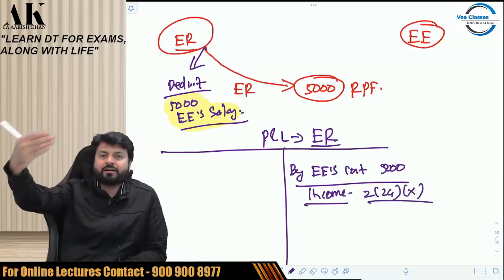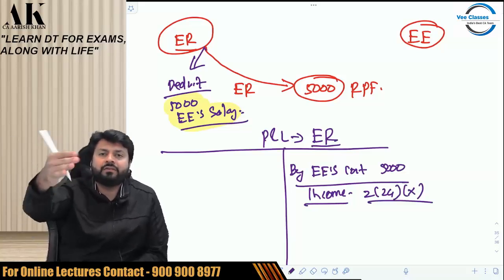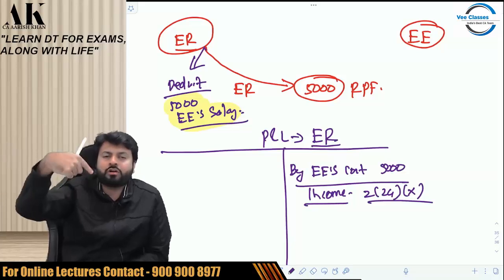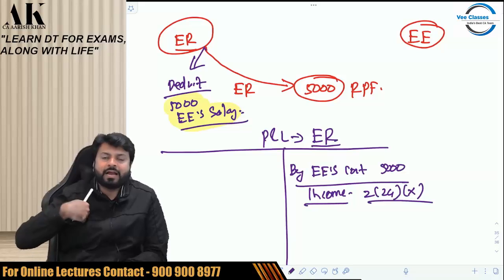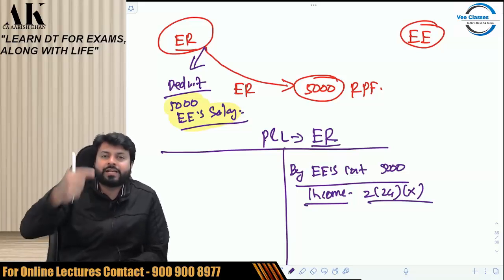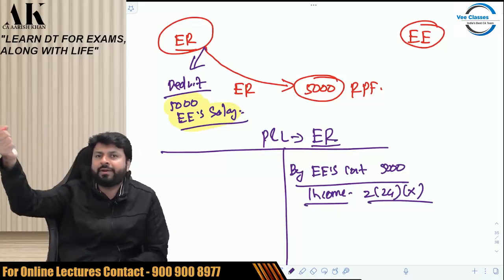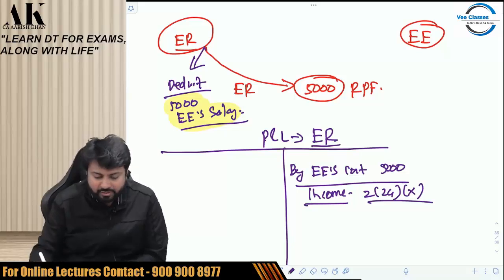The moment I deduct, listen carefully, I am employer, you are employee. The moment I deduct your contribution, I am supposed to deduct and pay to the fund. First contribution I will pay from my pocket. That is my contribution. Second contribution I will deduct from your salary and pay to the government. So the moment I deduct, the government says that this is your income.